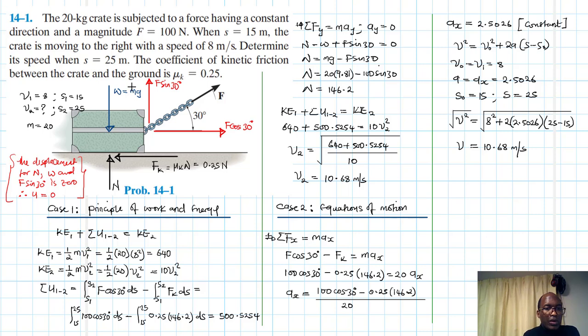That's the reason why we didn't include these in our work equation, because their displacements are equal to 0. Alright, so I guess we are done. We found the velocity using the equations of motion and the velocity using the principle of work and energy.